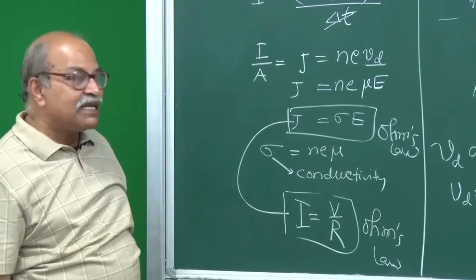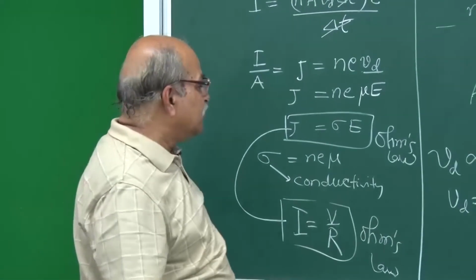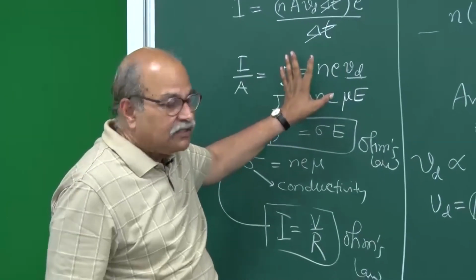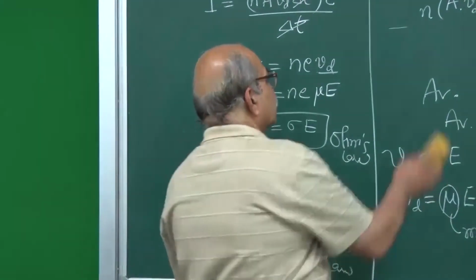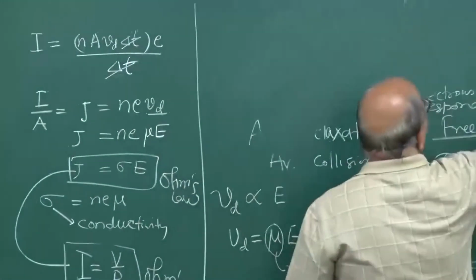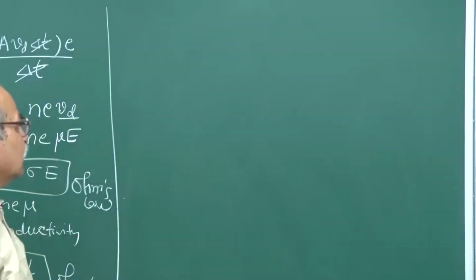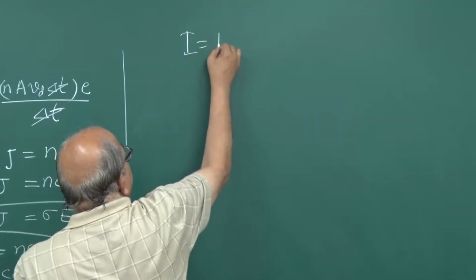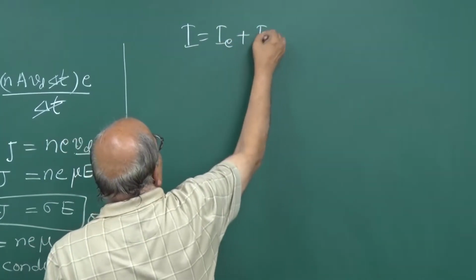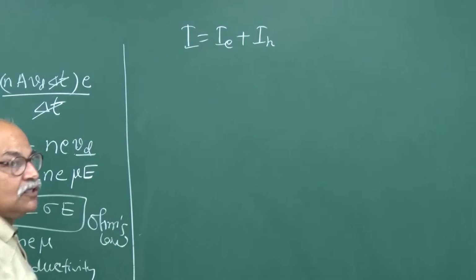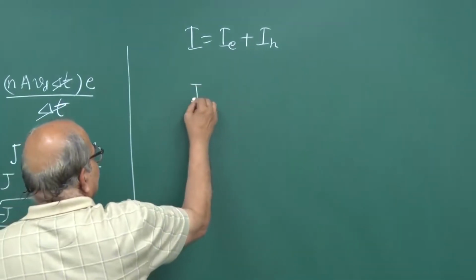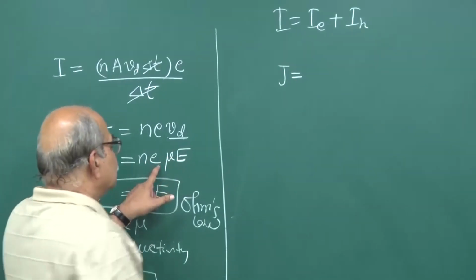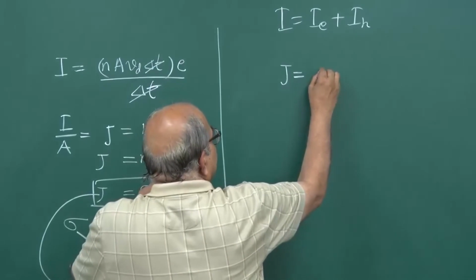Now in case of semiconductors, a similar expression will be used. In semiconductors, you have conduction because of the electrons and because of the holes. So if you write J, it will be N times E times mu, and E can be taken out.